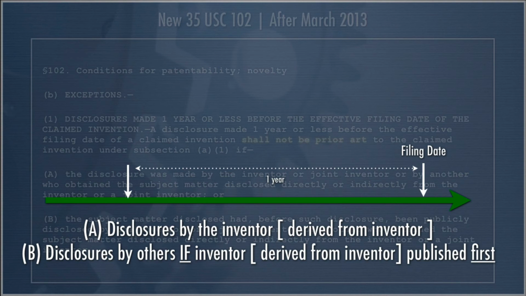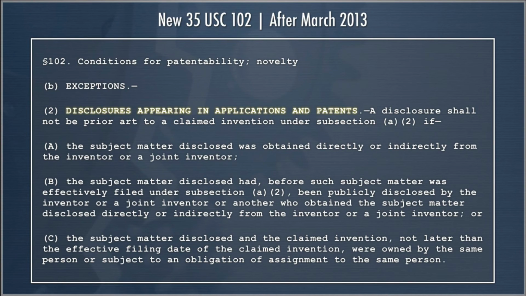So it gives a form of grace period for the inventor, which means you can go ahead and publish. You don't have to immediately file your patent application. You have to do so within 1 year. And not only can you publish early, but there's a pretty strong encouragement here to publish early, right?